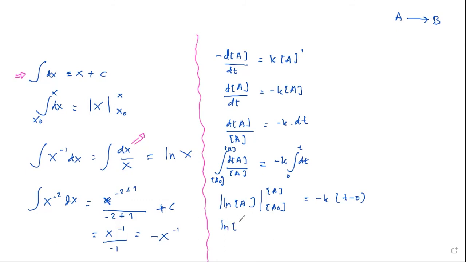So ln concentration of A minus ln concentration of A0 equals negative kt. This is the same as ln of A over the concentration of A0 equals negative kt.